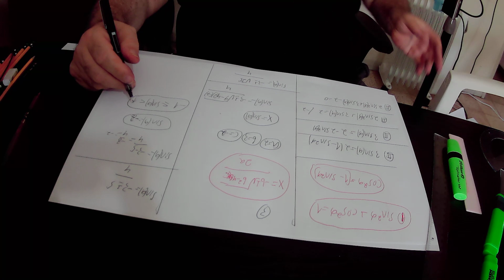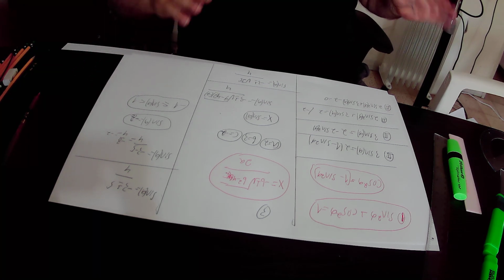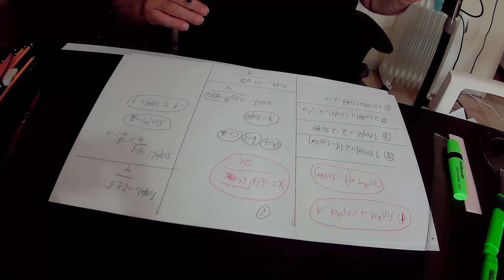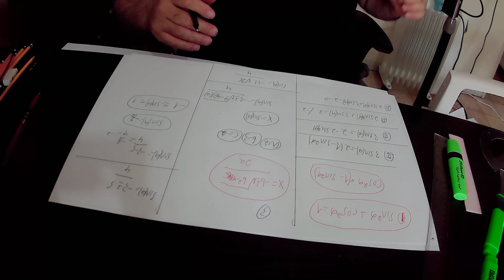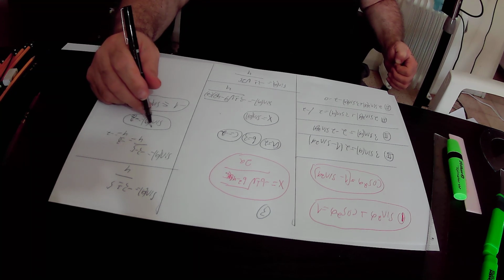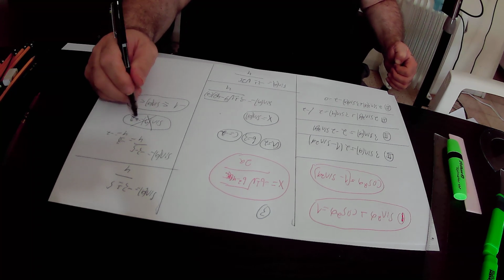That is to say, sinus alpha can never be equal to minus 2, because its range of values is from minus 1 to plus 1, and minus 2 is less than minus 1. So this answer is rejected, and we are left only with the other solution.